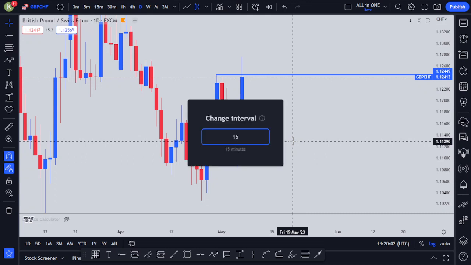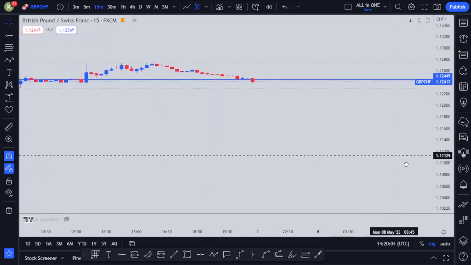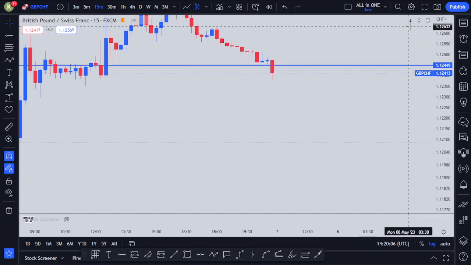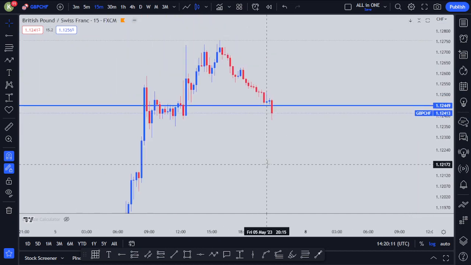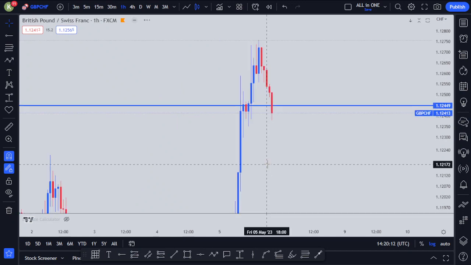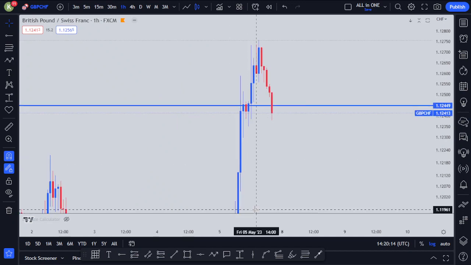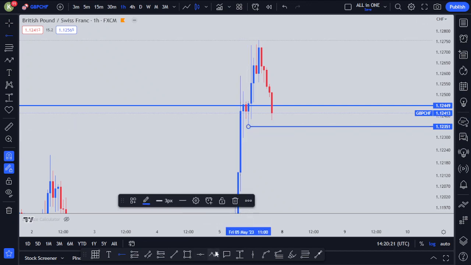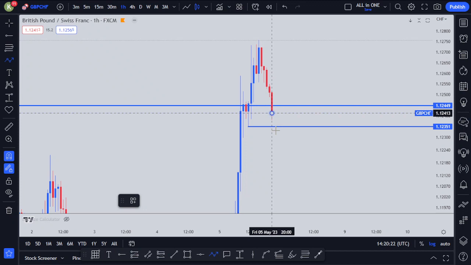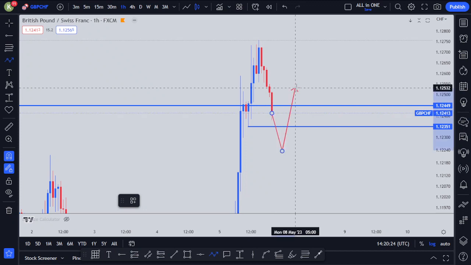Now, what I'll be waiting for is the market to change direction in at least 15 minutes time frame or 1 hour time frame is clearer, right? So waiting for the market to change direction around here, then maybe I'll get a sell over here.